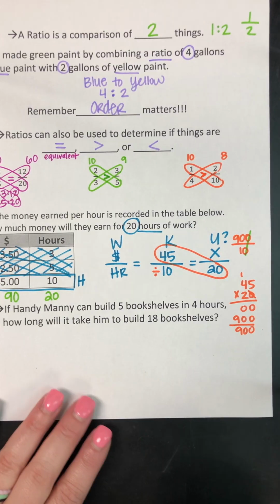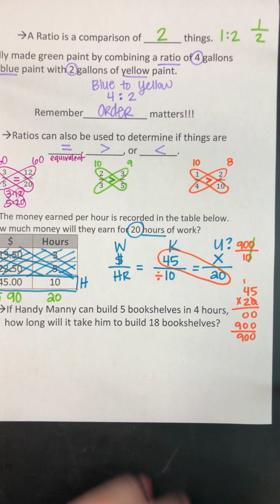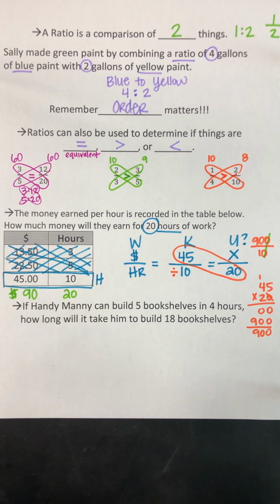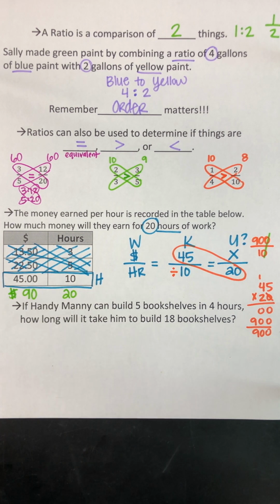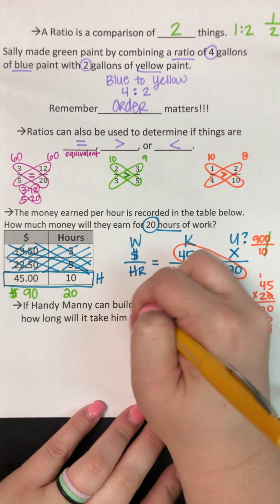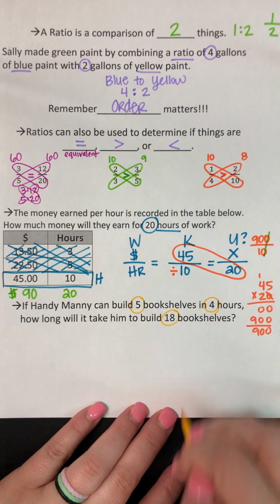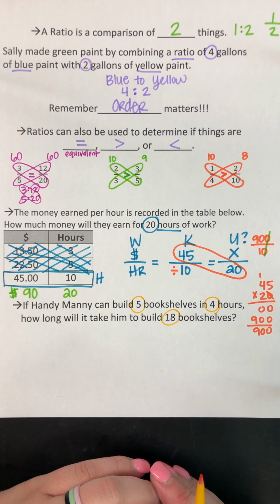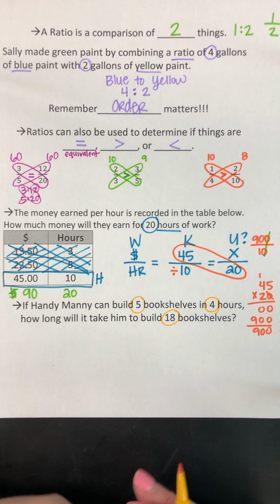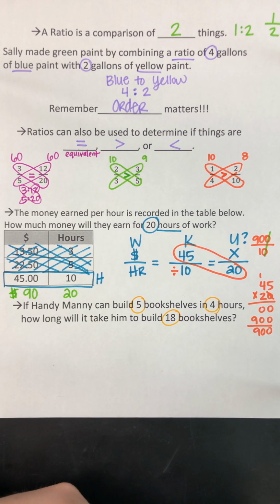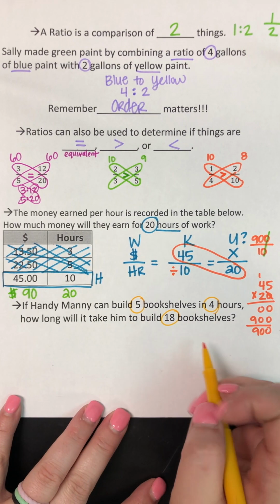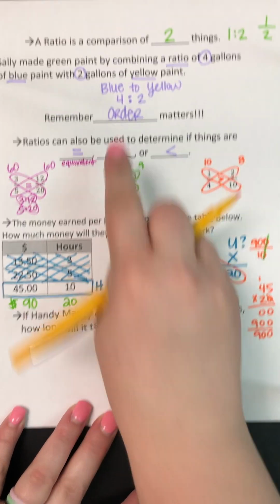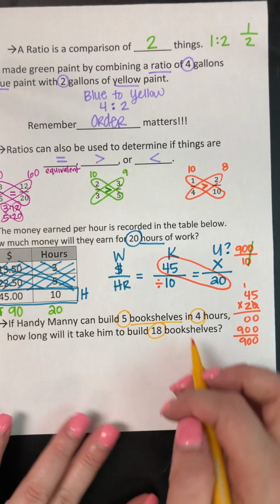And then the last way you might see a proportion on STAR, it says if Handy Manny can build 5 bookshelves in 4 hours, how long will it take him to build 18 bookshelves? It's pretty common that in questions where you need a WKU, they're going to give you 3 numbers, unless it's a measurement conversion. Measurement conversions normally give you only 1 number in the problem. So this does give us 3 numbers, and we're making a ratio, or comparison, of 2 things.